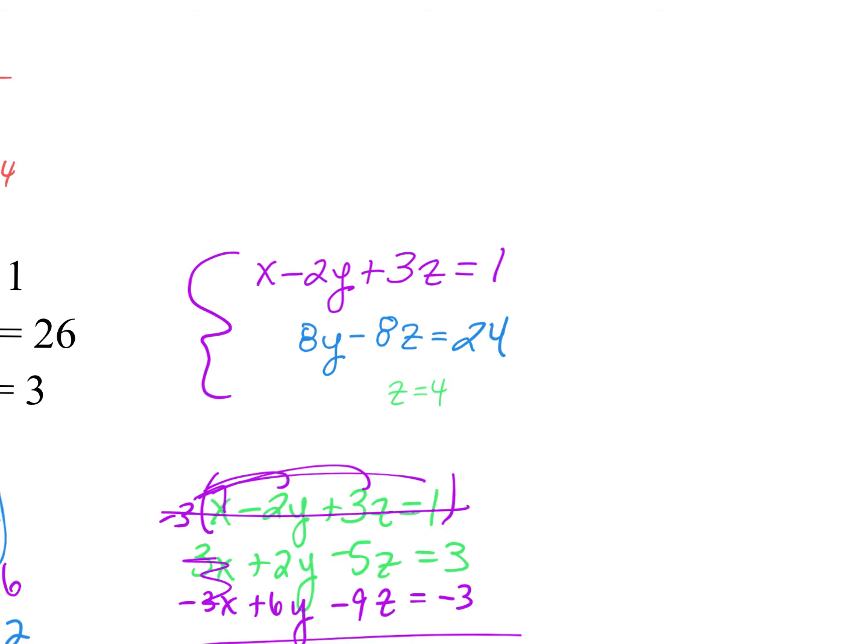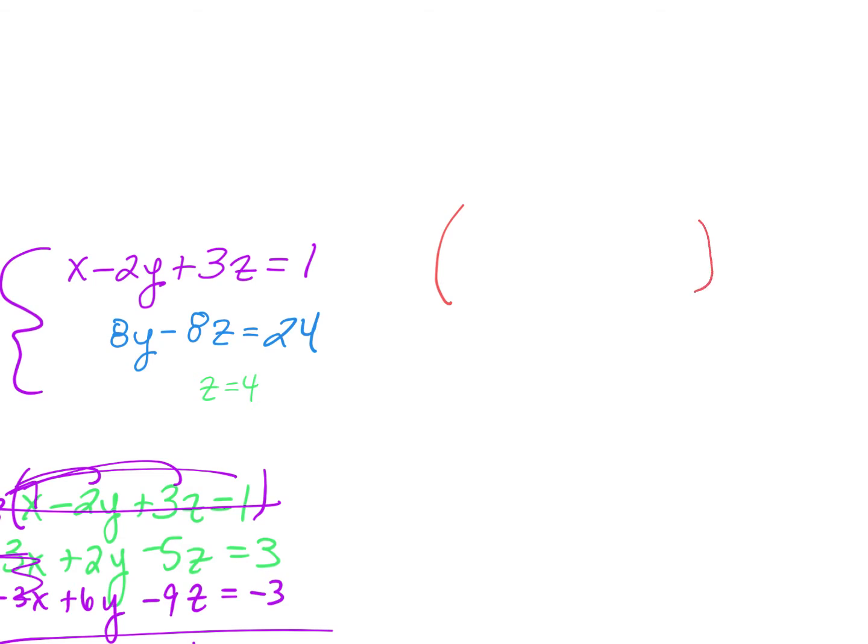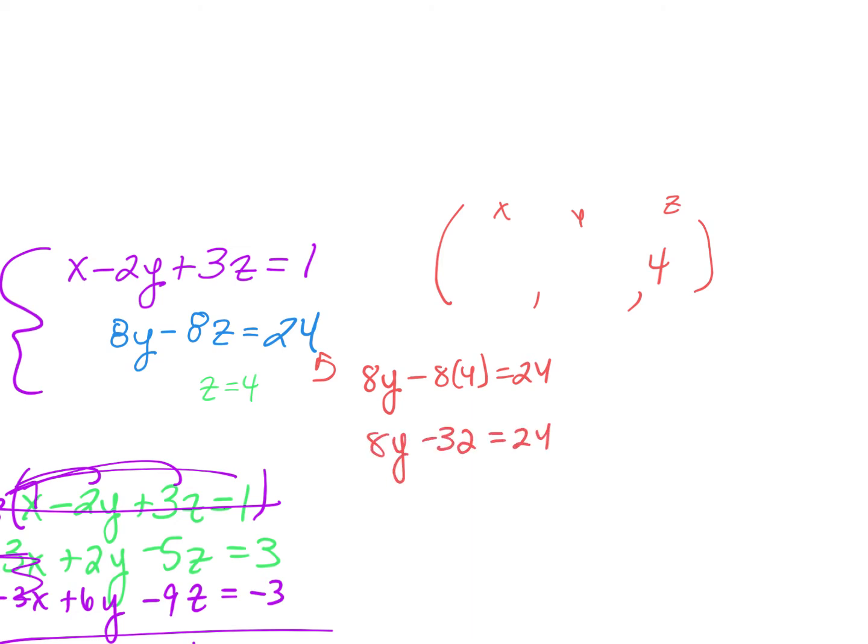Not my answer yet, but it is set up for me to find my ordered triple. I already know what my z is. We found out it was 4. I have to find x, and I have to find y. So I'm going to take z, plug it into this equation. So 8y minus 8 times 4 equals 24. 8y minus 32 equals 24.